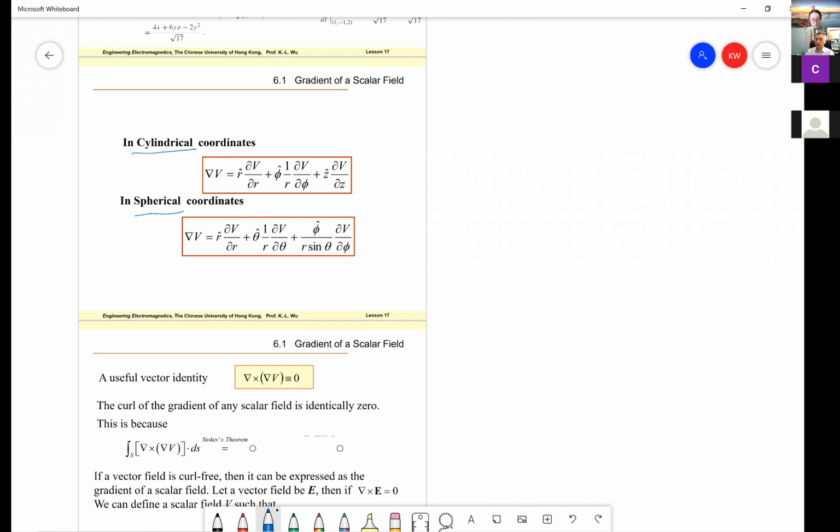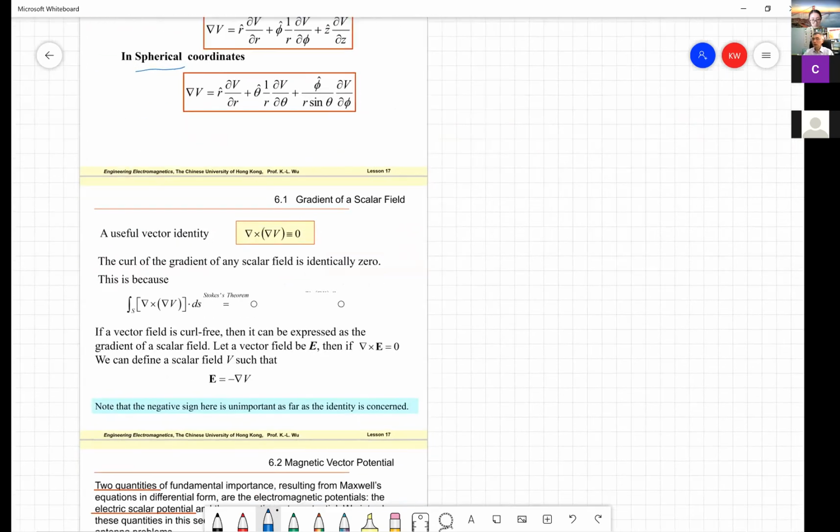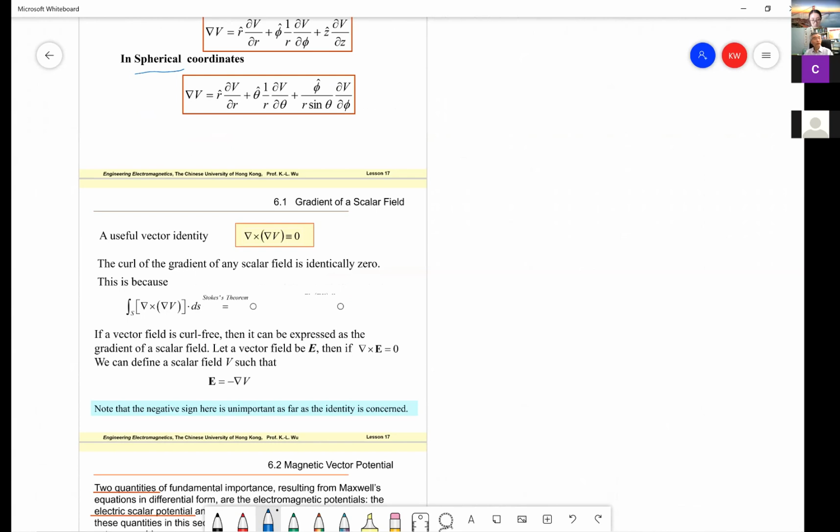Now let's introduce a very important and useful vector identity.